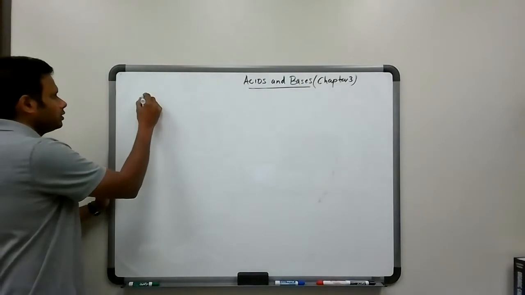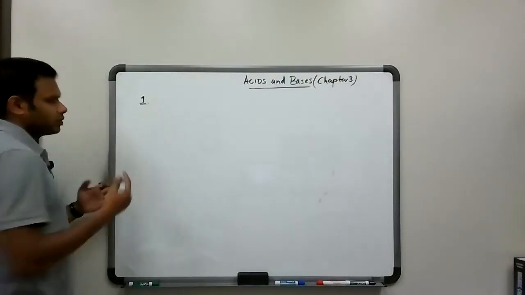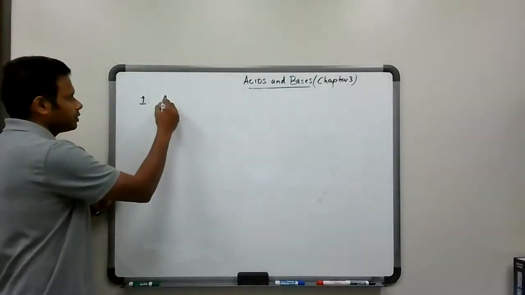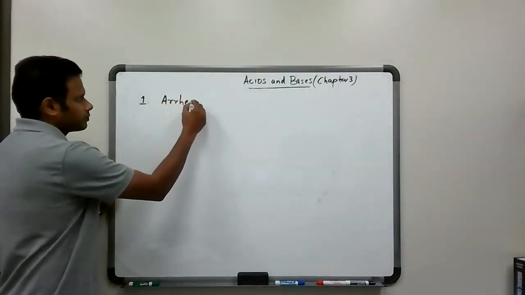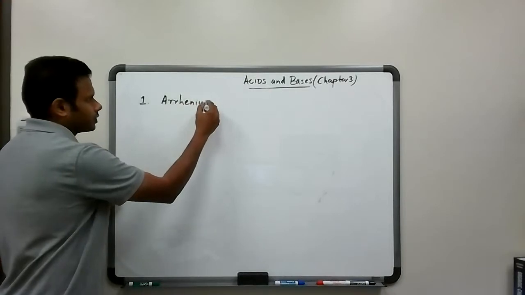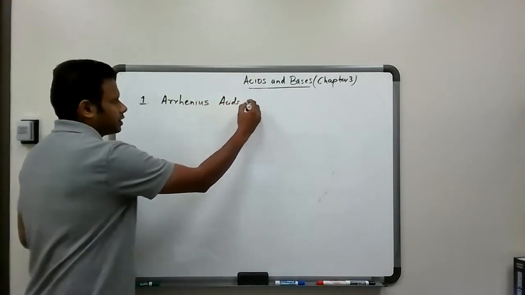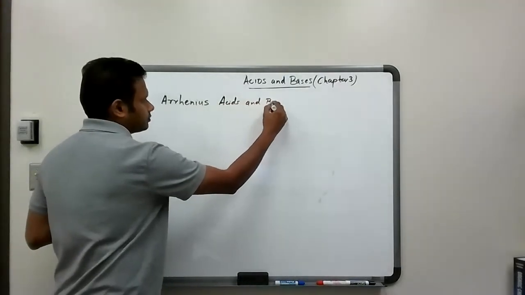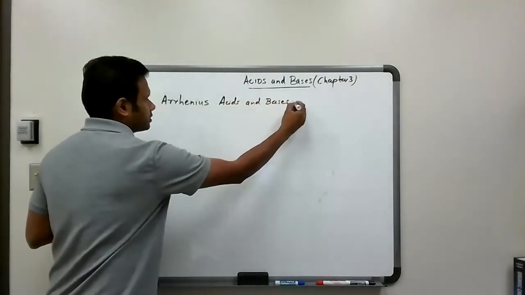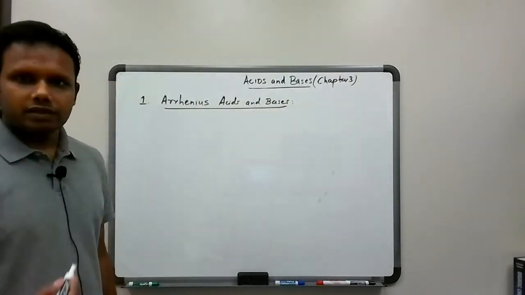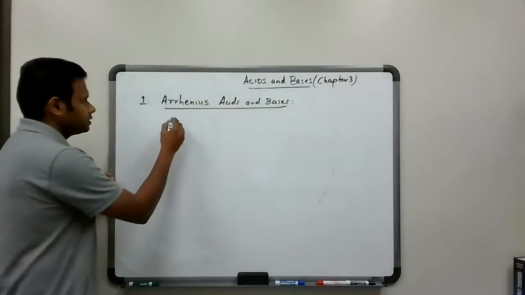One of the earlier definitions of acids and bases was given by Arrhenius, and we call these Arrhenius acids and bases.